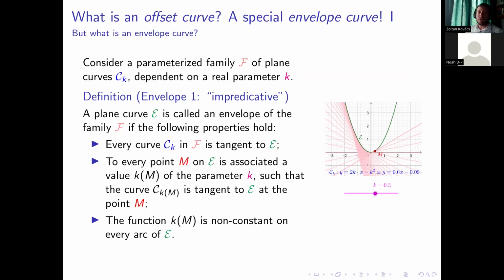So it's a so-called special case of envelope curves. Maybe you don't know what an envelope curve is. An envelope curve is, well, there are many definitions. At least 5 definitions exist. One of them is shown here, the so-called impredicative definition.